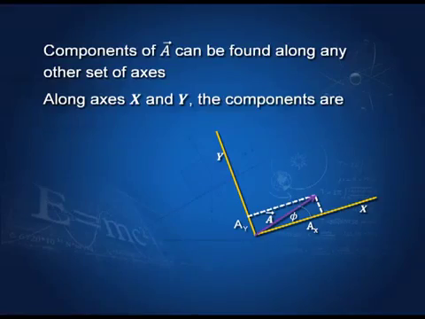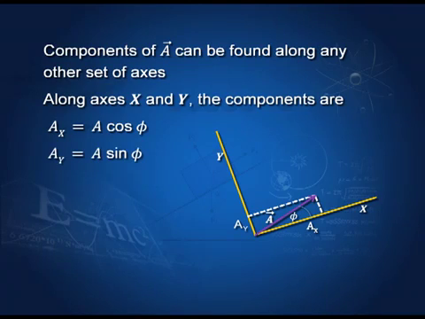It is not necessary that they are as shown in the last diagram. They can be tilted as in this diagram, and we still can find components of vector A. It is the same vector A along the axes capital X and capital Y. Once again the same thing, the angle between them is phi, and therefore A x is A cos phi, and the component along the y axis is A y, which is equal to A sin phi.